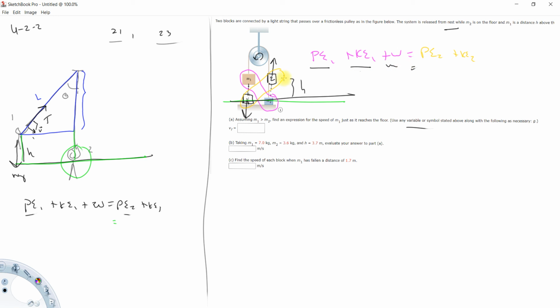PE2, now that's the yellow. This guy has a potential energy, but not this one. That should get you by on the PE2 term. Now the KE2, this thing's moving, so it's got a kinetic energy of 1/2 mv squared, but which mass? It's mass 2. So it's going to look like 1/2 m2 v squared. This also has a kinetic energy. So you'll have two terms under the KE2.